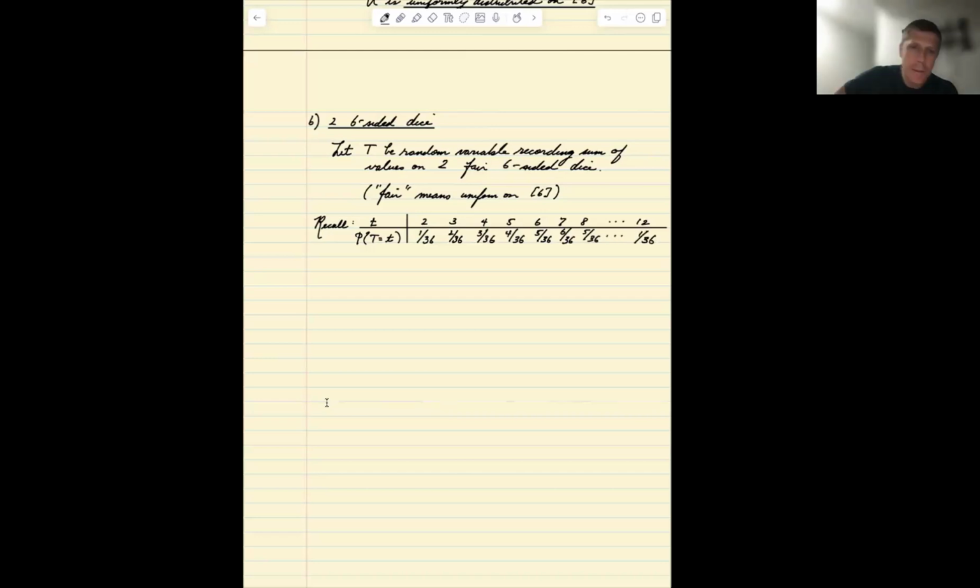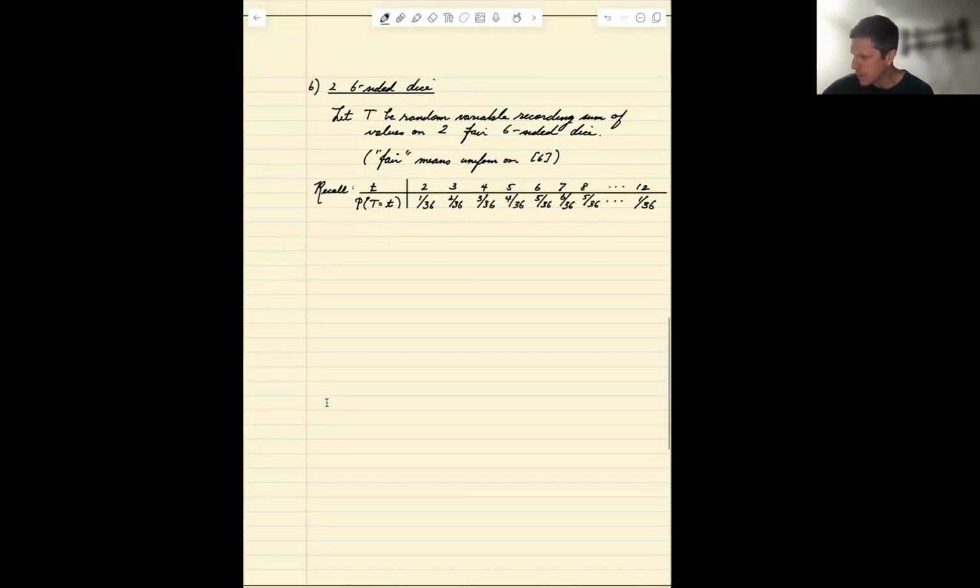So if we actually were to draw a picture of what this looks like, well, first we can write this as a function. P sub T of t can be expressed as 6 minus the absolute value of 7 minus t, quantity divided by 36. This is for all values of t from 2 up to 12. You should verify that this is accurate.